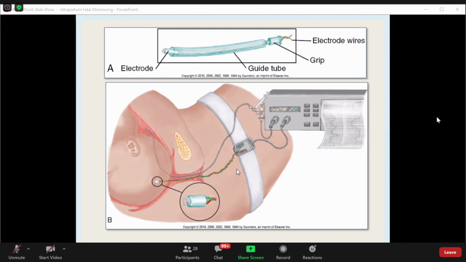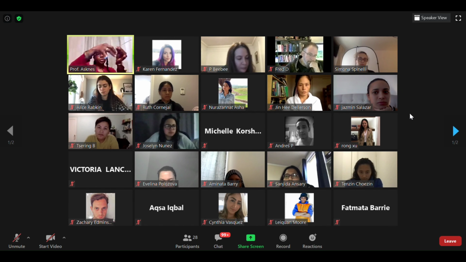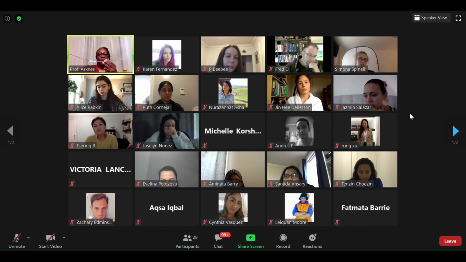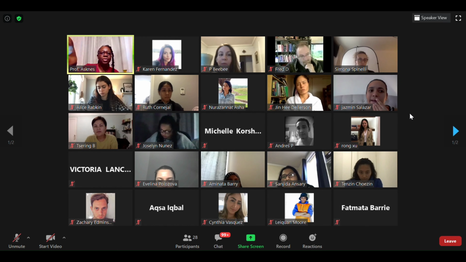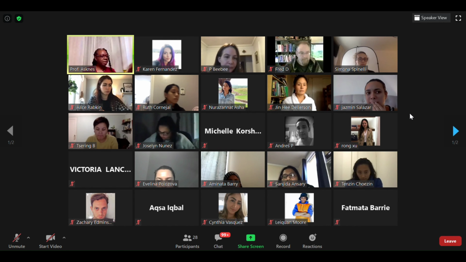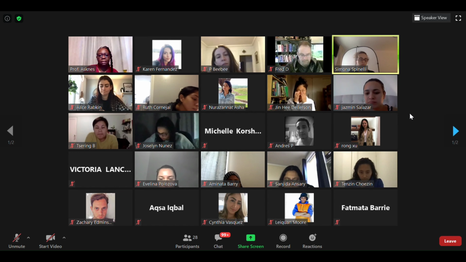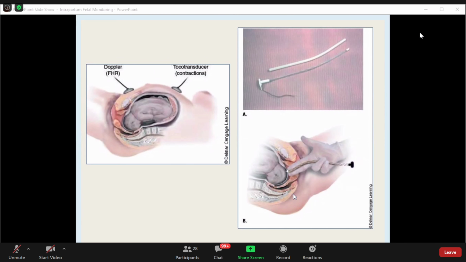All right, let me see if I can show you this. This is the part that goes to the fetal head. All of this would be in the uterus through the cervix, and this is what attaches to the monitor. This end actually looks like a corkscrew. I can't get this so that you could actually see the point, but it is placed on the fetal scalp.